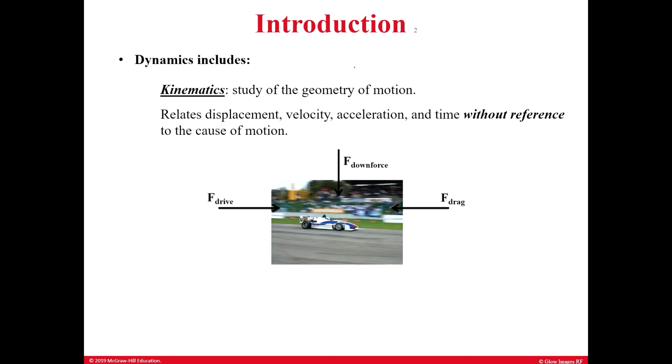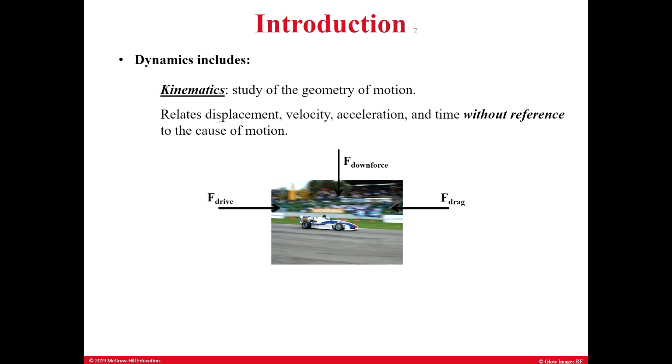Alright, so the correct definition is that kinematics is the study of the geometry of motion. How is the motion of a body exactly? As we said, it relates displacement or position, the change in position, the velocity, acceleration, and time without reference to the cause of motion.